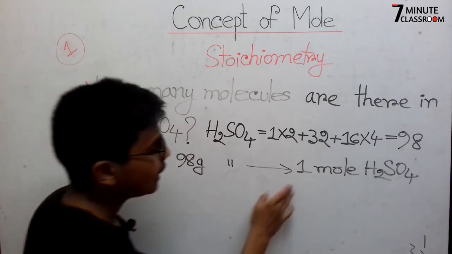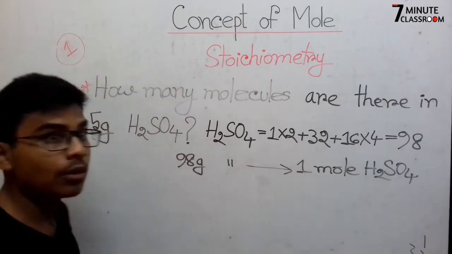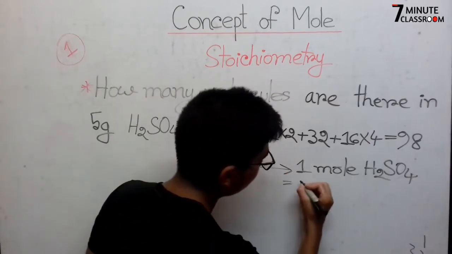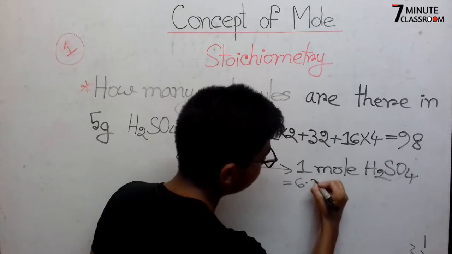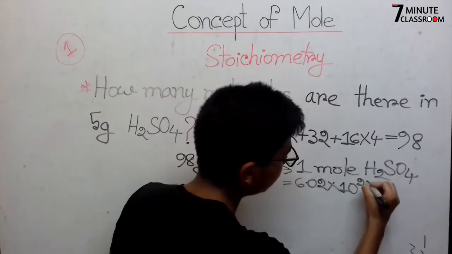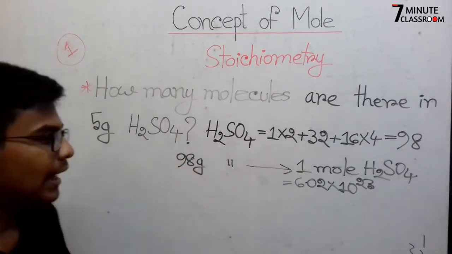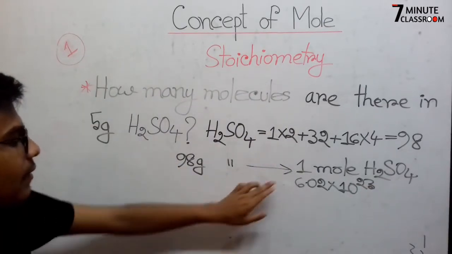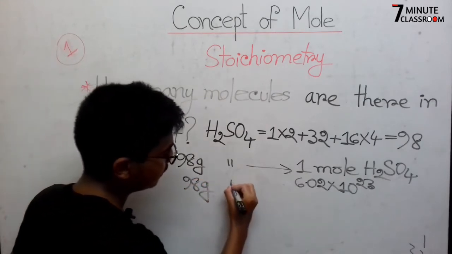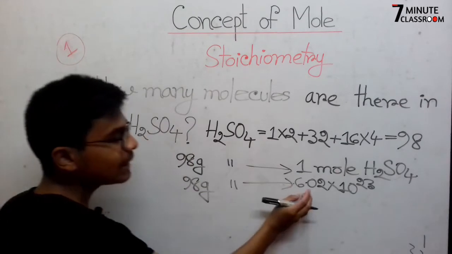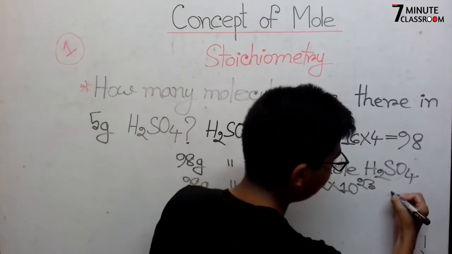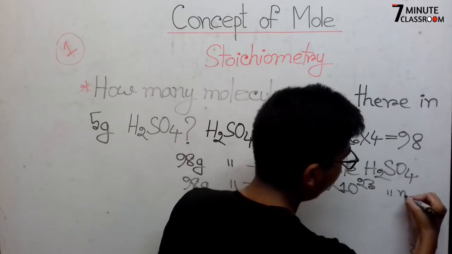And we know that 1 mole of any substance contains 6.02 into 10 to the power 23 molecules. That means we can say directly that 98 gram sulfuric acid equals 6.02 into 10 to the power 23 H2SO4 sulfuric acid molecules.